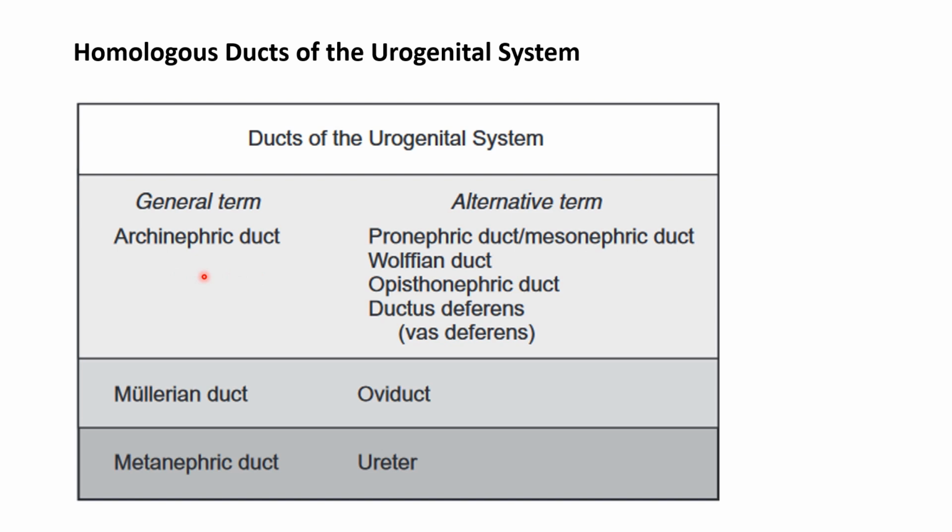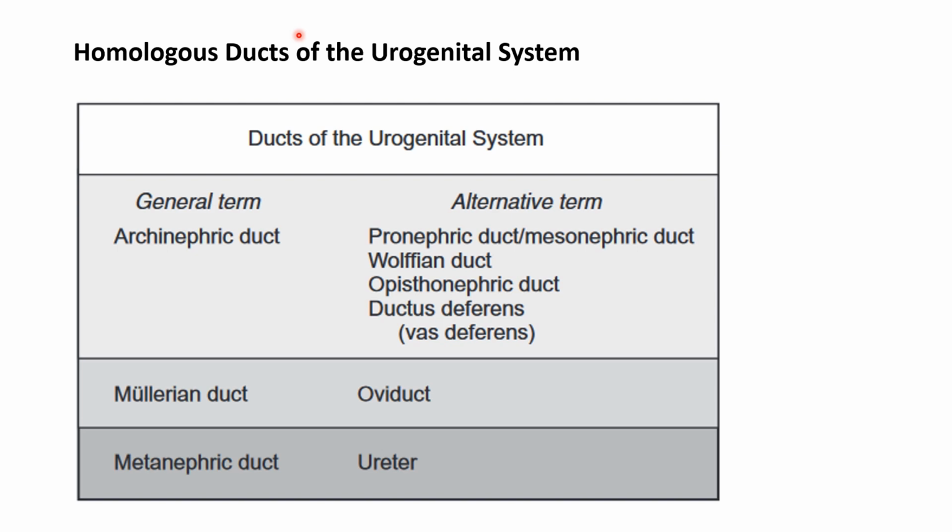But when it serves a pronephric type of kidney, then it may be called a pronephric duct. But if it serves a mesonephric type of kidney, such as in the adult kidneys of amphibians, then it's called a mesonephric duct. But it's still the archinephric duct, just a different term or name to designate it.